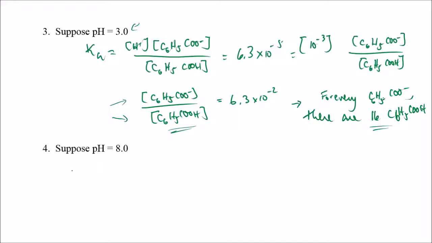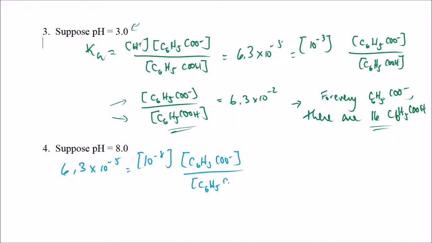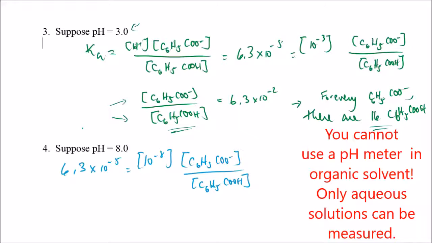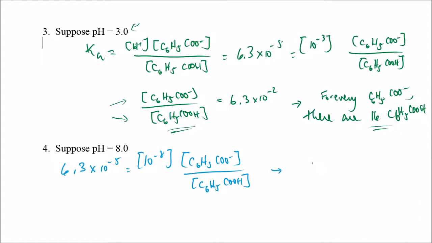Now suppose pH is 8. We still have the same Ka value, but now H plus is going to be 10 to the minus 8 molar. Still have this ratio, C6H5COO minus, that's the benzoate, to the benzoic acid. So to make it pH 8, you just add some base or you add a buffer and you make the pH be 8. You should see now the math is the same, but the conclusion is quite different.